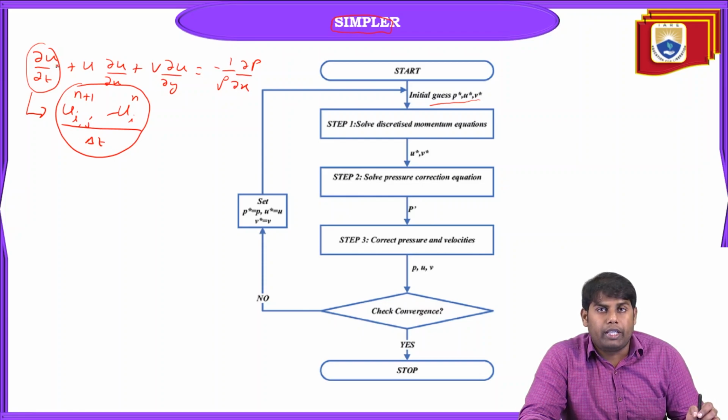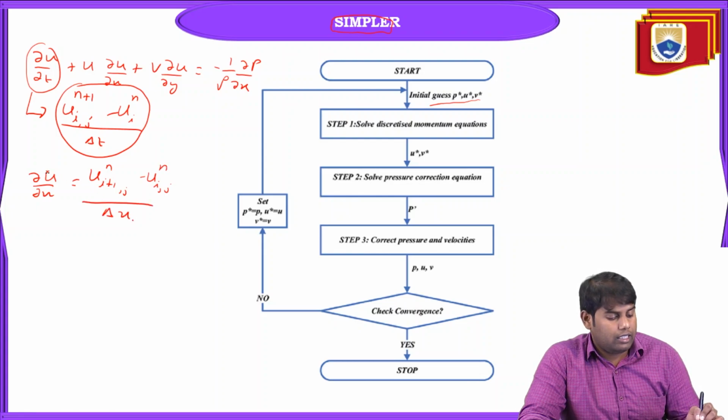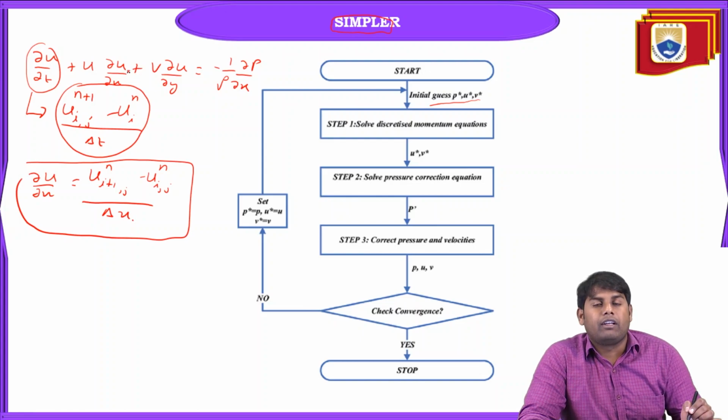Then you have dou u by dou x, for which you use u of i plus 1, j to the power of n minus u of i, j to the power of n, divided by delta x. This is the discretized term for the second one.